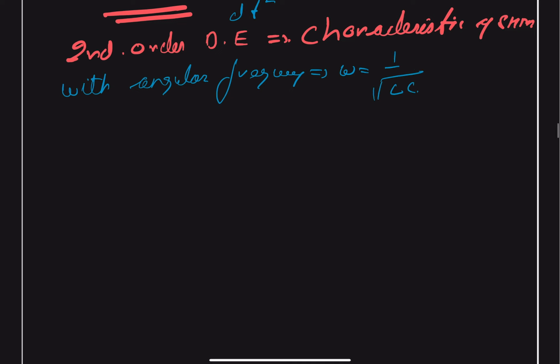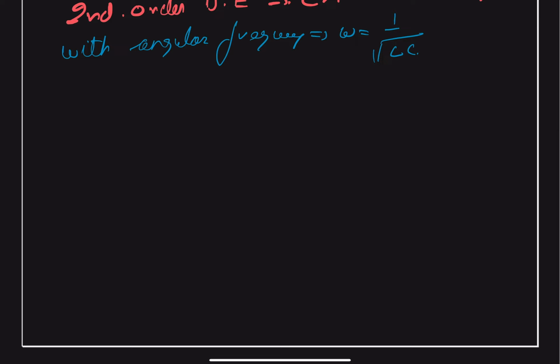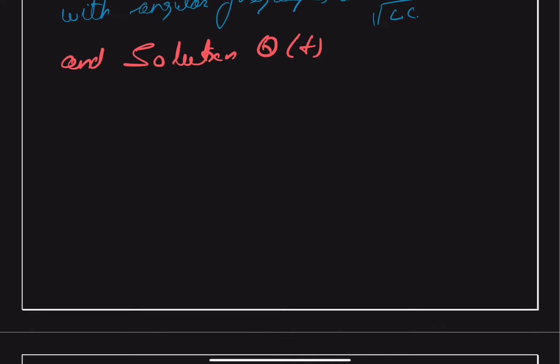And the solution of the equation, the solution for Q of t, you can write as Q of t is equal to Q naught cos of omega t.